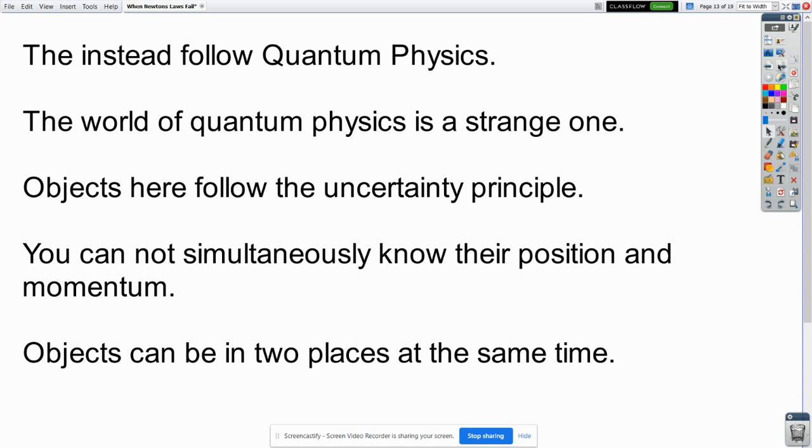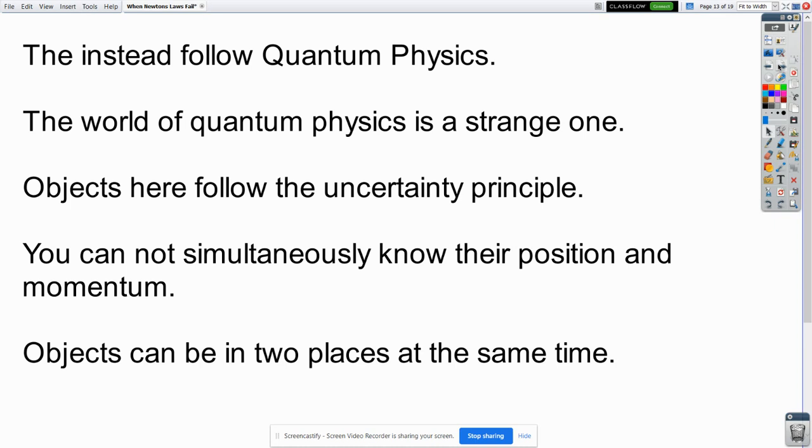When I see a car going down the street, I can calculate its momentum, and I can make a prediction about where it's going to be a second from now. And that prediction is going to be pretty accurate. In the subatomic world, you can't do that. You either know where it's at, and you have no idea where it's going, or you know where it's going and you have no idea where it's at.